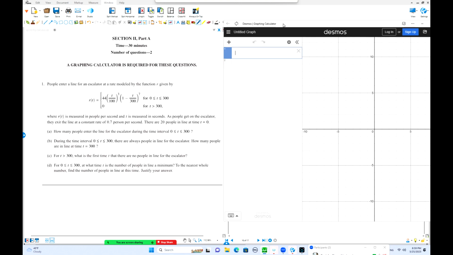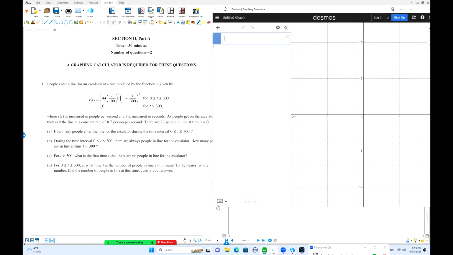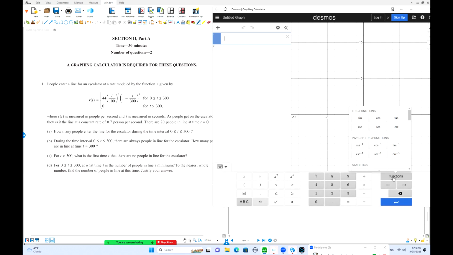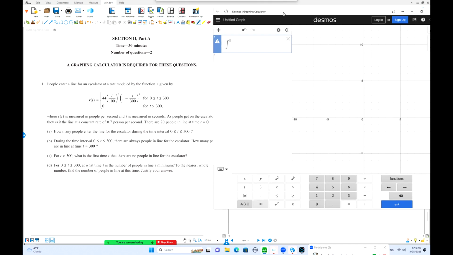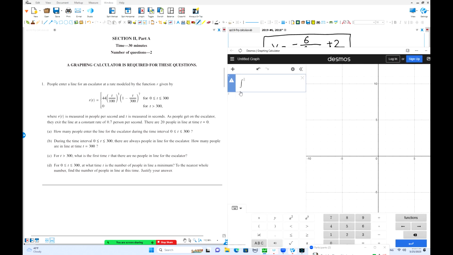This one is a little work. Here you go, the integral from 0 to 300 seconds.